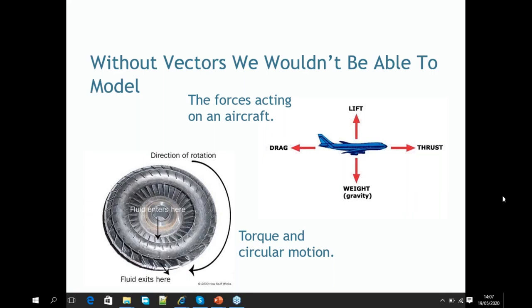These are possible because of vector quantities. We could also model torque and circular motion.